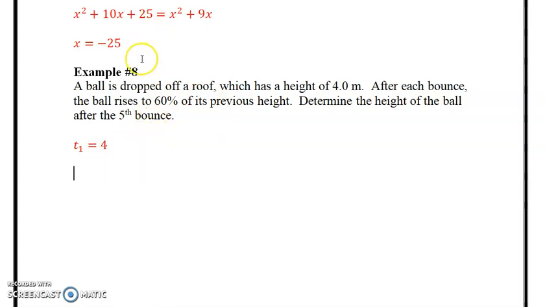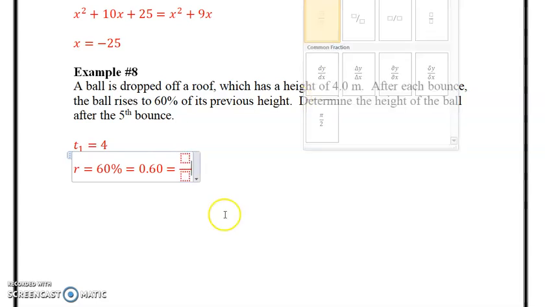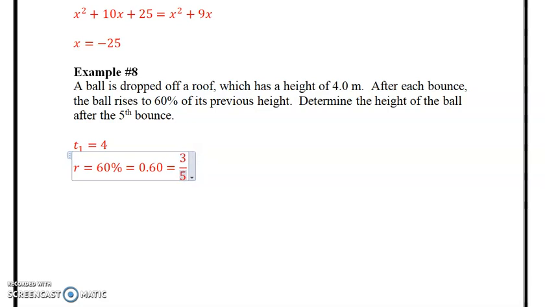So the R value is going to be R is equal to 60%, which is equal to 0.60 or 0.6, and we can change that into a fraction because I like to have our fractions, which would be 3/5. So our R value is 3/5.